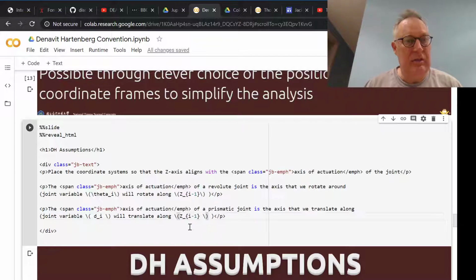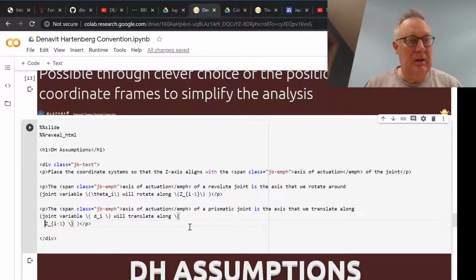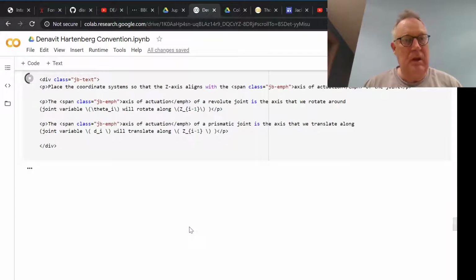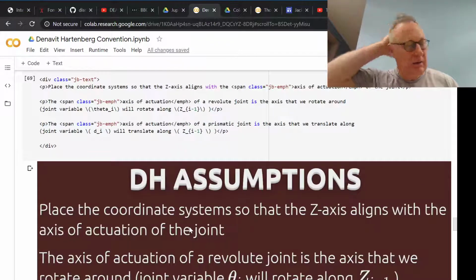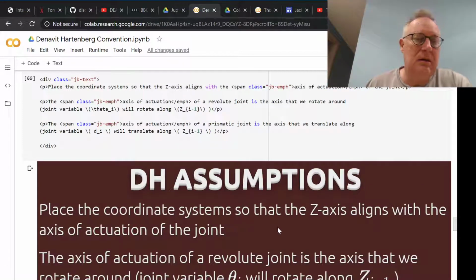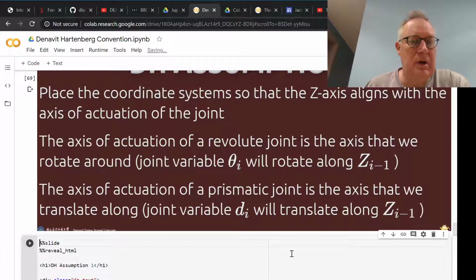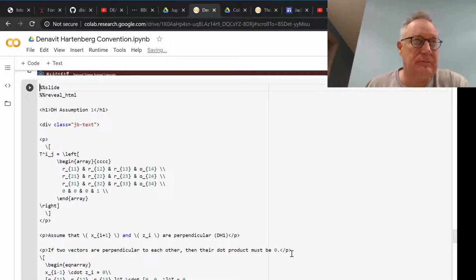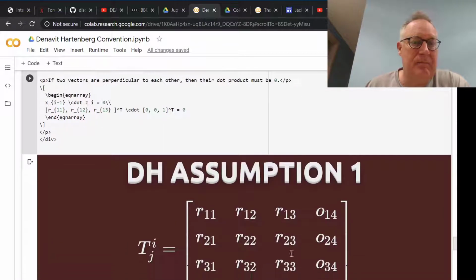Because the index for joints and links is off by 1, joint i is independent of links 0 to i minus 1, or joint i will only impact the links i to n.